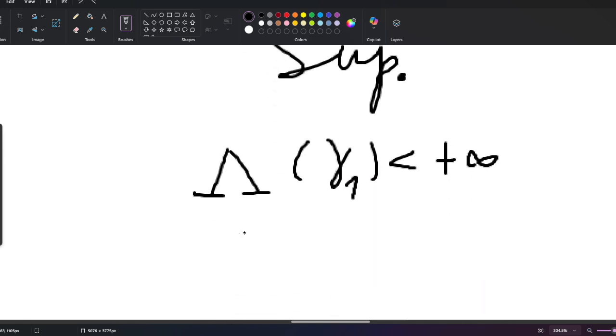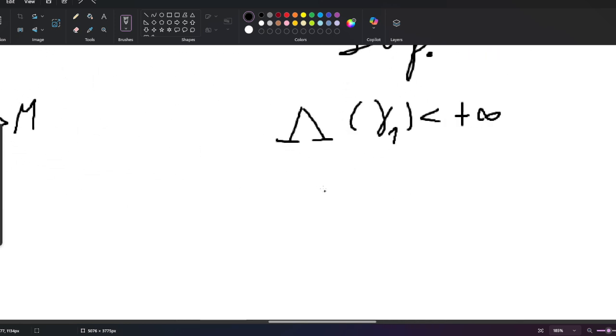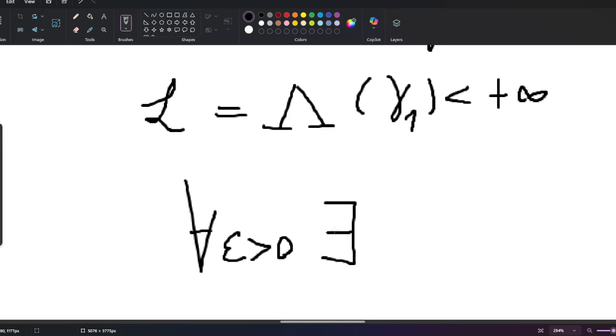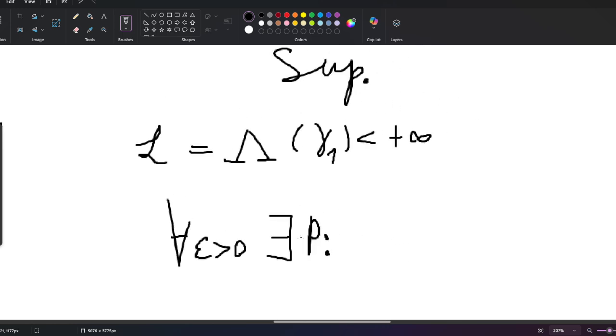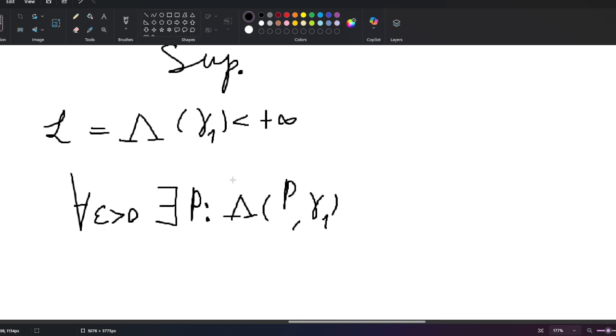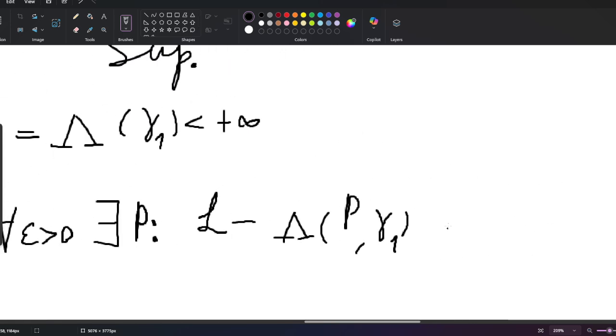Now, what this means is that the supremum converges, and let's call this length L capital. Now this means that for every epsilon greater than 0 there exists a partition such that L minus the length of this partition on gamma 1 is less than epsilon, because L is the supremum and so it's going to be greater.